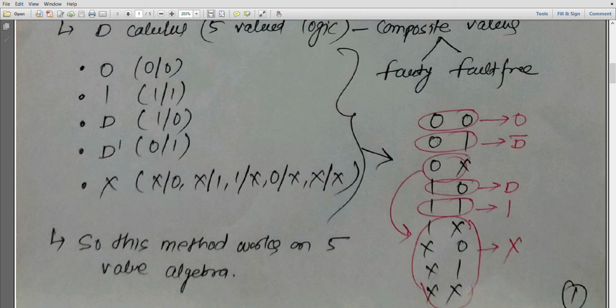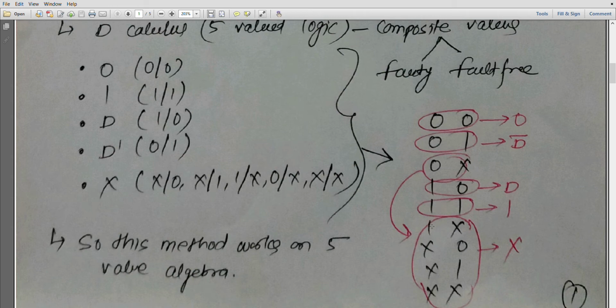Similarly, if the faulty line is 0, the fault free line may be undetermined, or we can say don't care. Moving to the next case, if the faulty line is 1, the fault free line may be 0. Moving to another case, if the faulty line is 1, then the fault free line may also be 1.